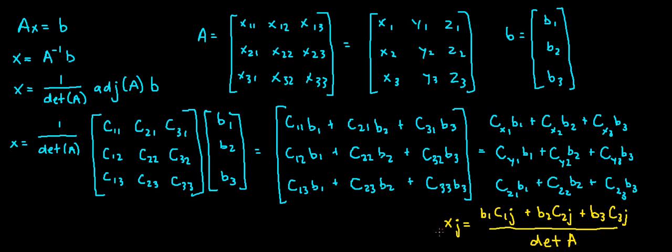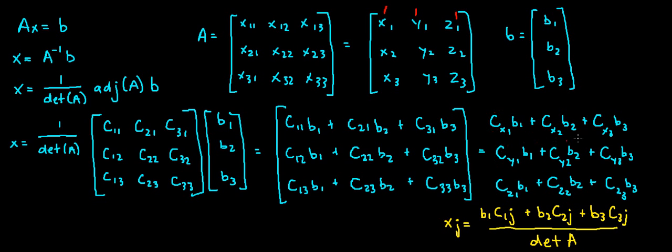So it's written as xj is equal to b1 times c1j plus b2 times c2j plus b3 times c3j, over the determinant of A. And the j value is just a column of C: c1j, so 1, 2, 3, so it's just like this, this, or this.